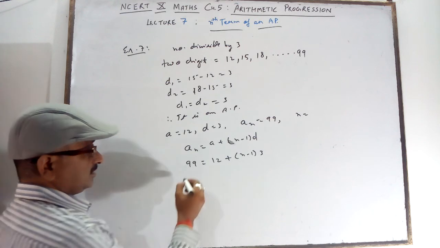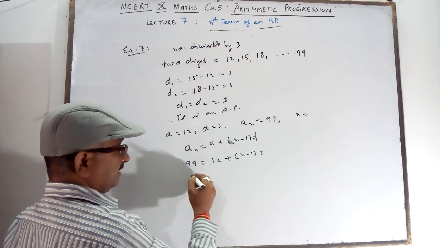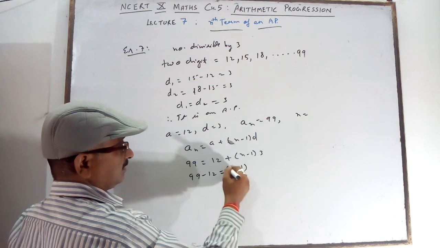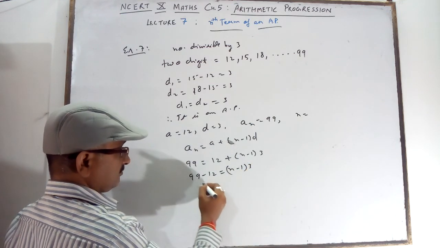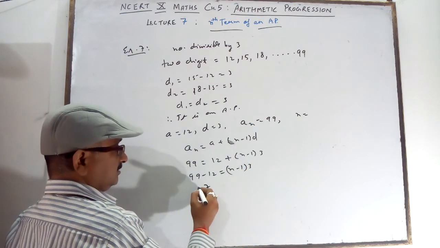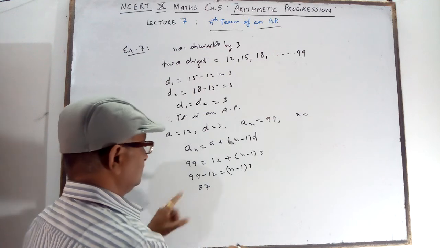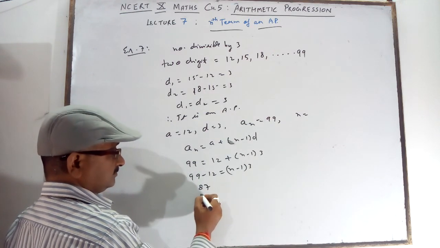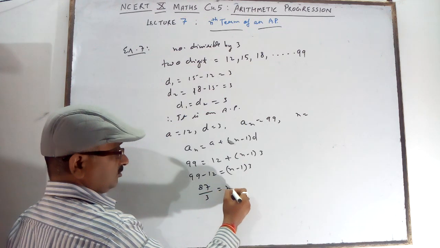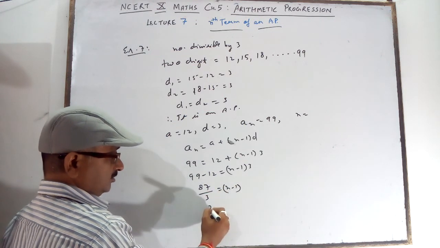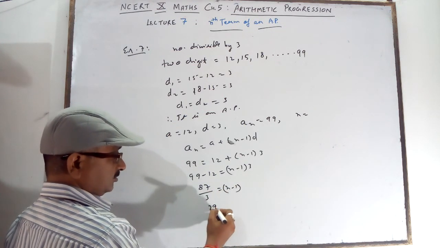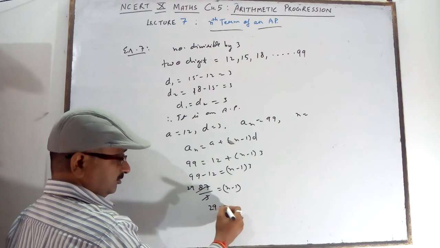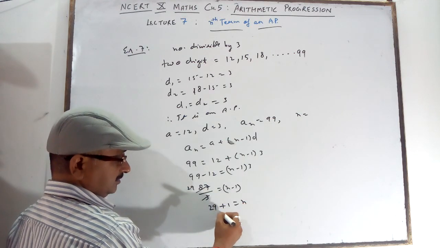You can directly subtract or open the bracket, it depends on you. 99 minus 12 is 87, so 87 upon 3 is equal to n minus 1. 3 nines are 27, 29 you are getting. 1 you transfer to this side. So how many? 30 numbers.